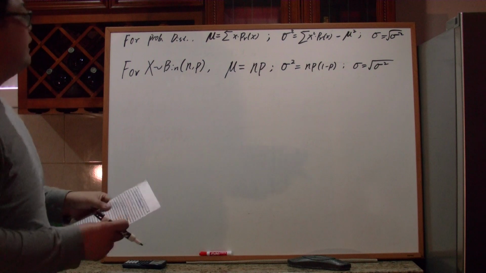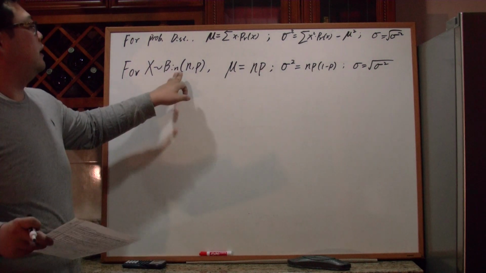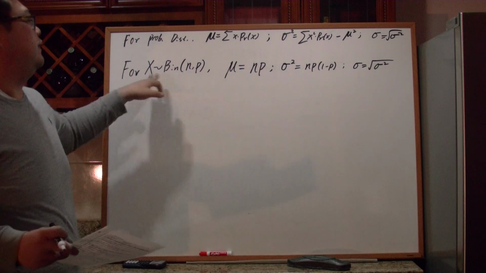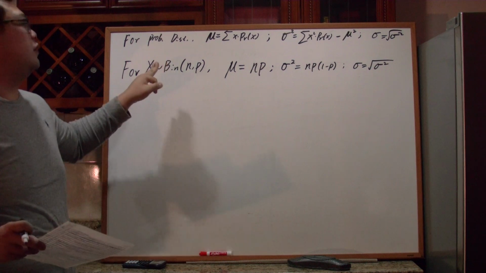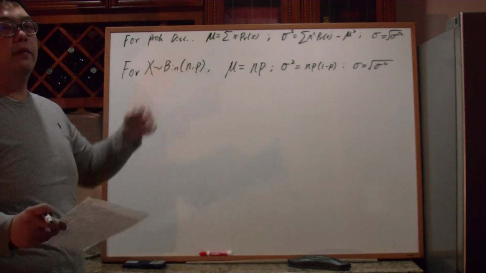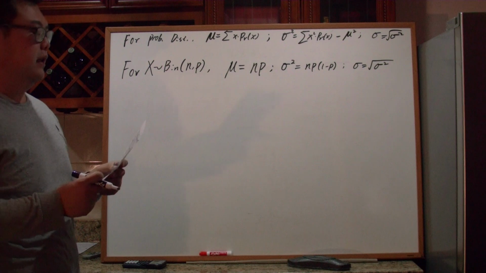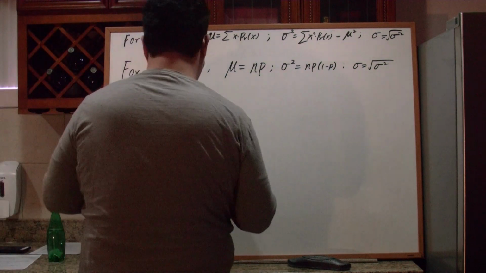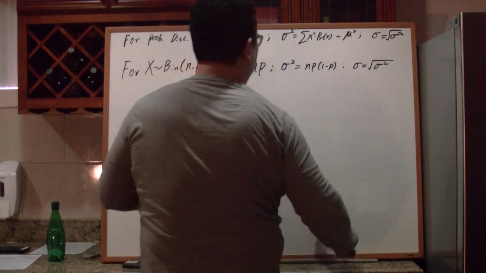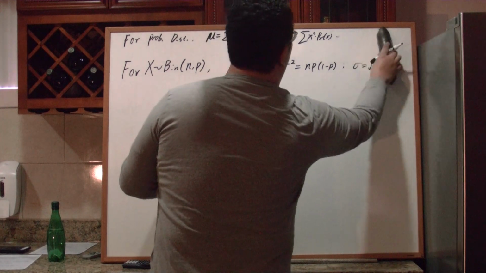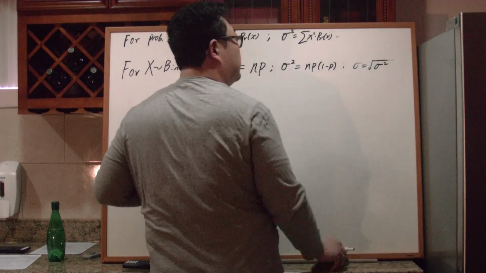Right. Anyhow, that is the formula: the mean, variance, and standard deviation for our binomial distribution with n trials and probability of success p for each trial. That is it. And we can see some examples regarding that.